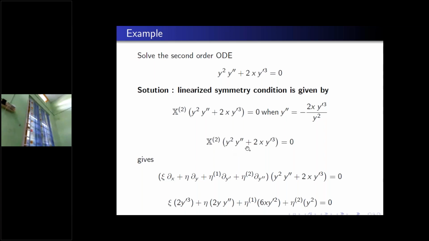Then x2, when we operate on this and solve, the value of x2 is xi del by del x, eta del by del y, eta 1 del by del y dash, eta 2 del by del y double dash. When we operate on this, we get this equation.